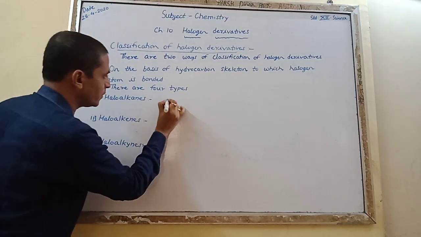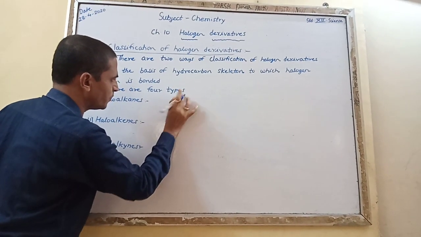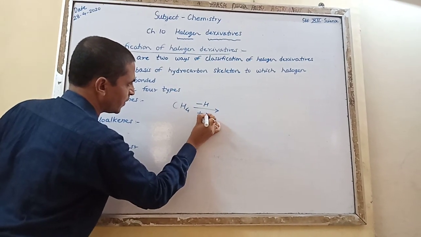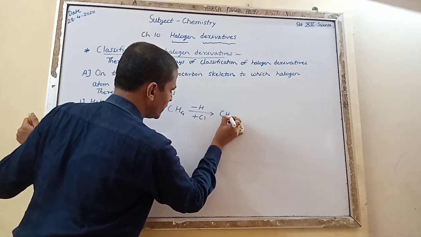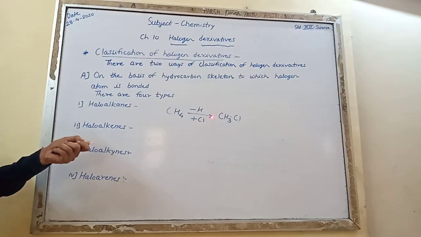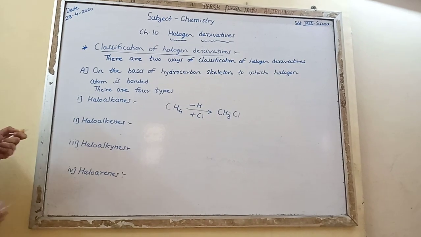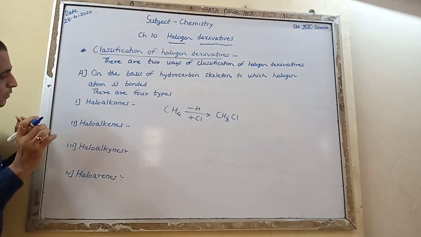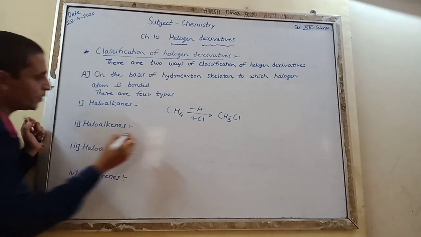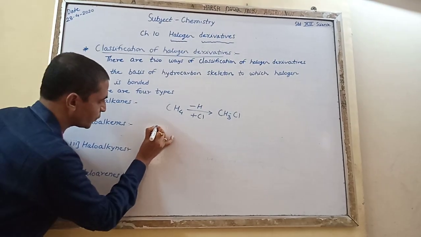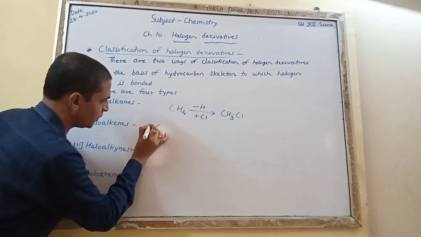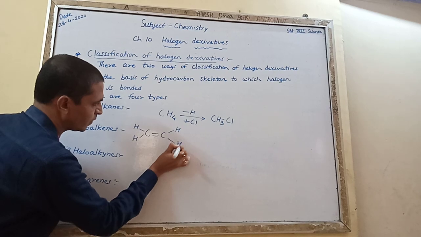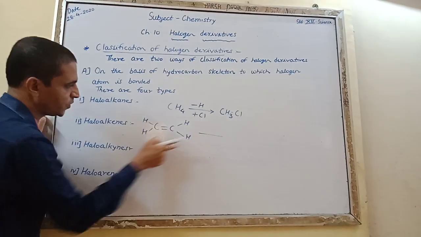They are called as haloalkanes. See here, I consider methane CH4. Replace one hydrogen atom by chlorine, you get what? CH3Cl. This is what? Haloalkane. Now come to alkenes. When one of the hydrogen atoms is replaced by halogen atom, then you get what? Haloalkene. We can consider a simple example. Know the structure of this compound, that is what?